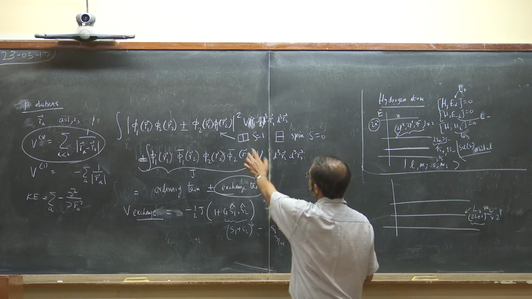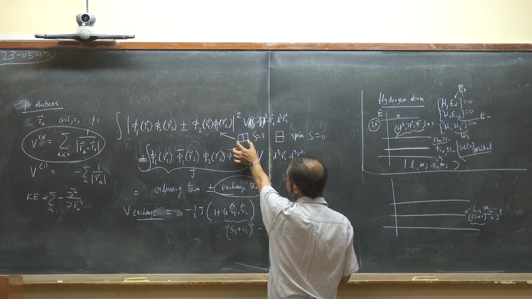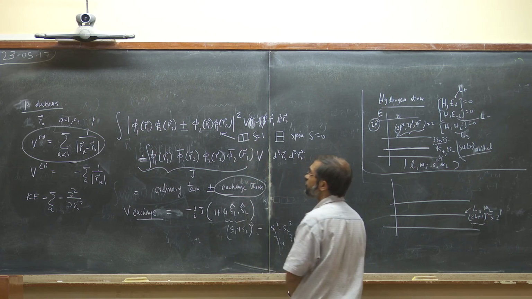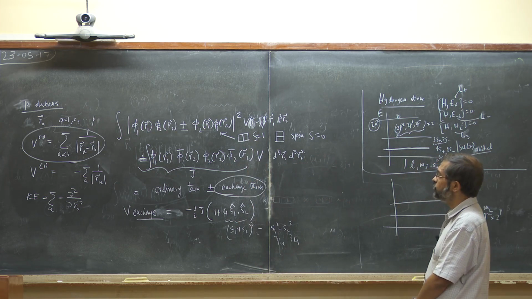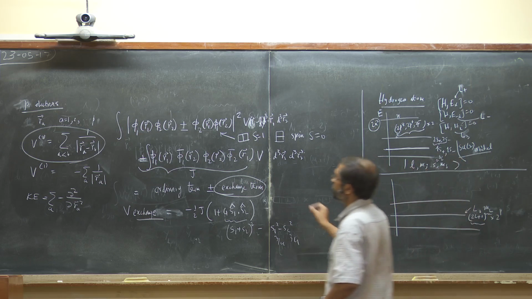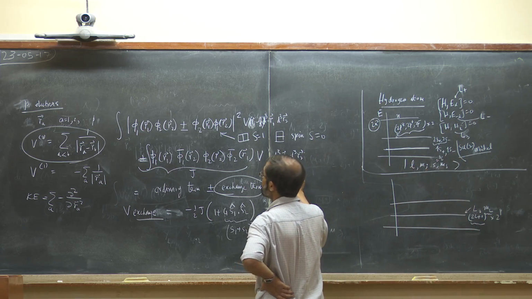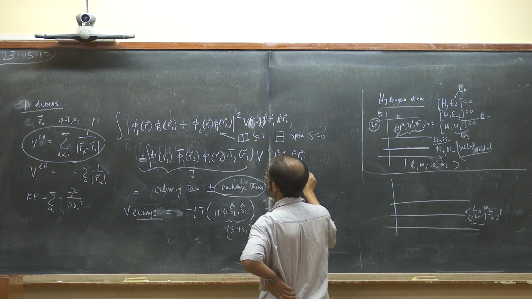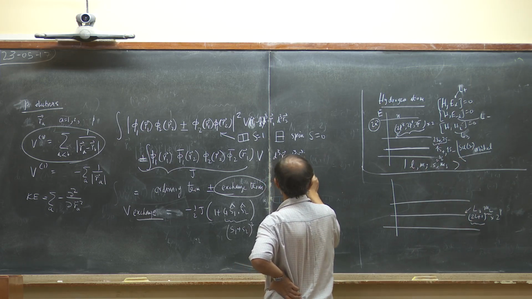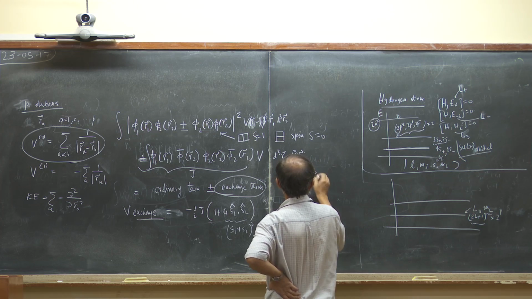This symmetric combination of two spin half states I can actually do in the following way. Let us say that I have phi, let's say both are spin up.